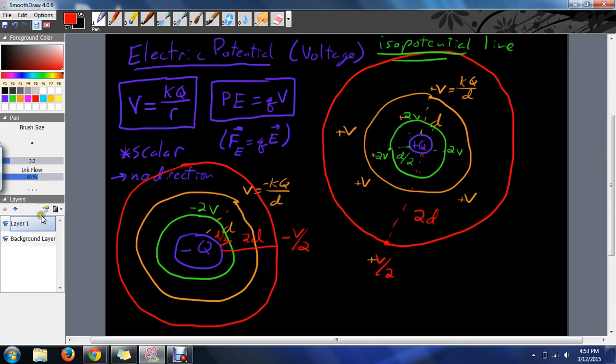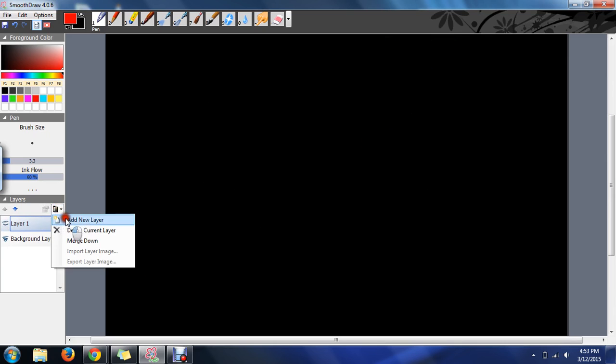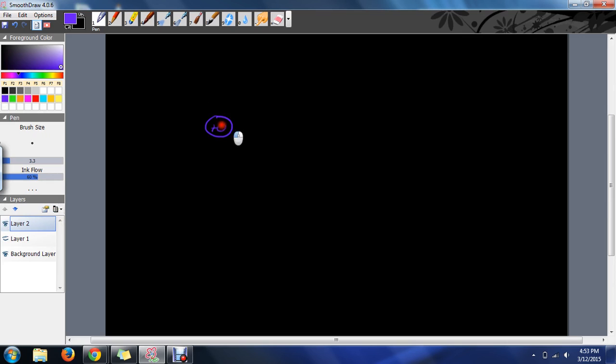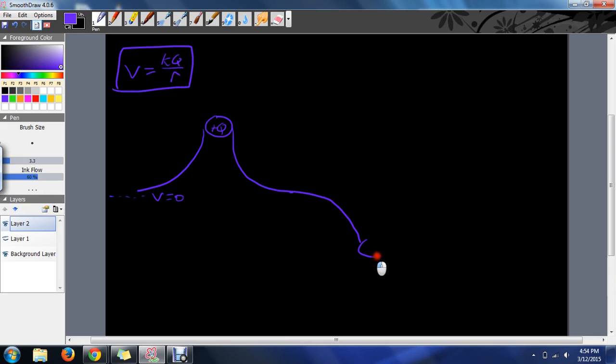There's one more thing I want to show you guys, which is if we draw it like this, where we have a positive charge creating a hill of potential, will it ever get to 0? Well, no, because it's a 1 over r shape, so it will asymptotically approach 0 from the positive side, and if we have a negative charge, it'll create a well of potential that will asymptotically approach 0 from the negative side.